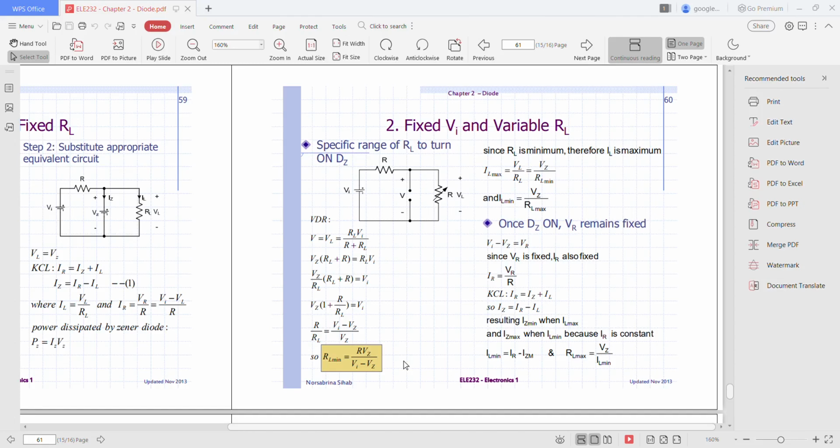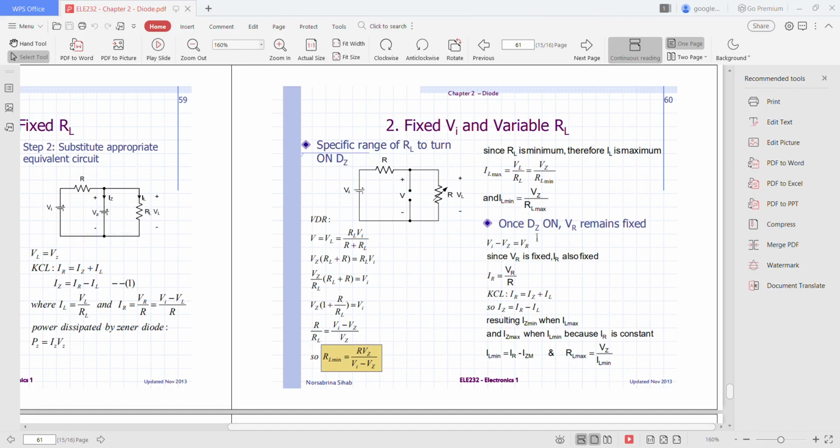The condition defined by this equation establishes the minimum RL, but in turn specifies the maximum IL as IL equals VL over RL equals Vz over RL min. And IL min is equal to Vz over RL max.